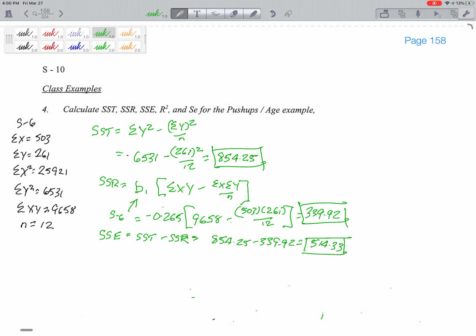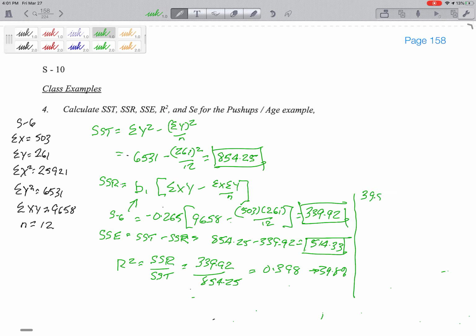All right, let's calculate the R squared value. R squared is equal to SSR over SST. So that is 339.92 over 854.25, and that comes to 0.398. The interpretation of that, generally we write that as 39.8%. And the interpretation of that is this.